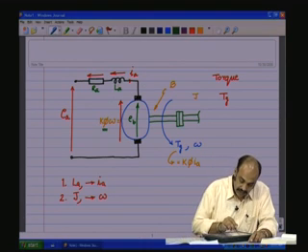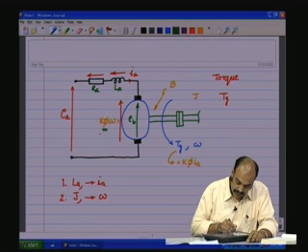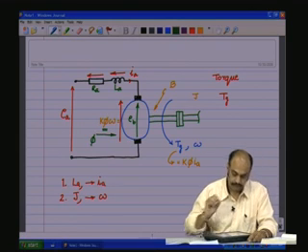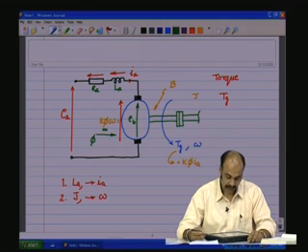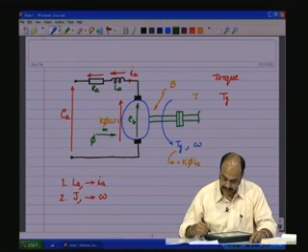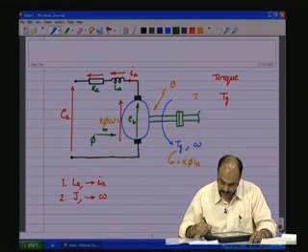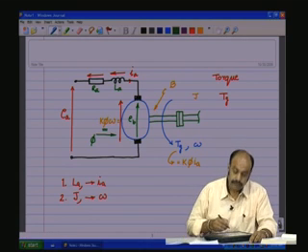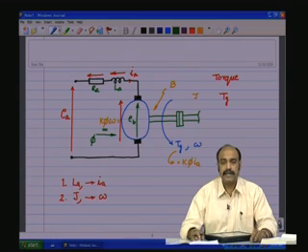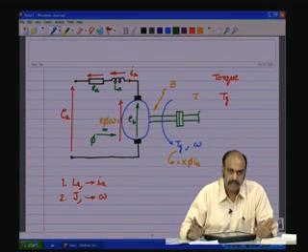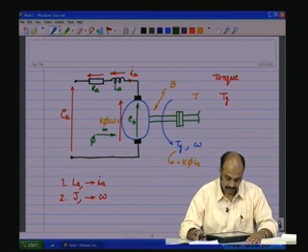So as far as this motor is concerned, there is one more input which is phi that we need to take care of. So first let us consider the case of the shunt motor, or a separately excited motor, where phi is a constant. We are not touching phi.